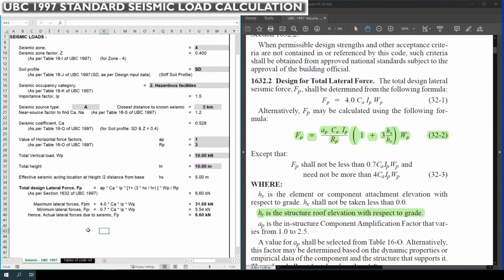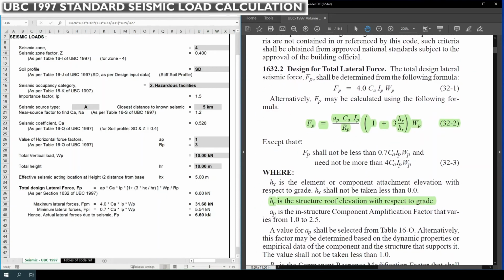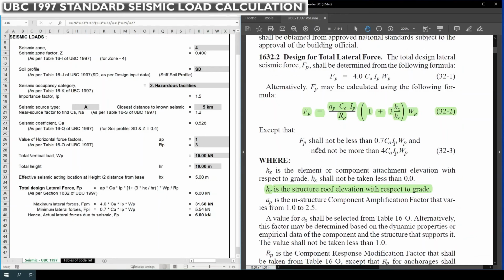And also we need to check the limitation of the design lateral force which we had calculated. This 6.6 is the actual load which we calculated using this formula, and UBC 1997 also defines in Section 1632.2 that this calculated actual total lateral force should not exceed 4 CA IP WP, which is the maximum lateral force, and it should not be less than 0.7 CA IP WP.